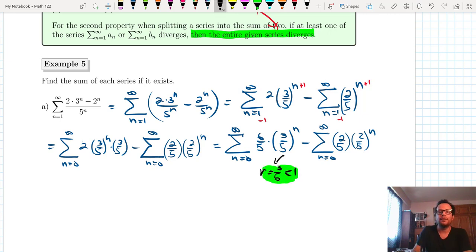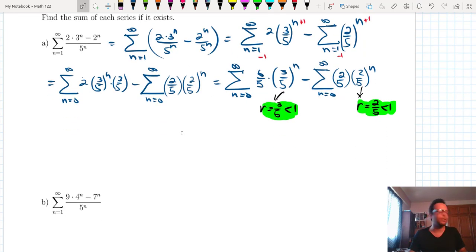What about the second series? Is it the case? Well, let's find out. r equals 2/5, which is also less than 1, which also converges. So it is possible to find the sums of these big series.